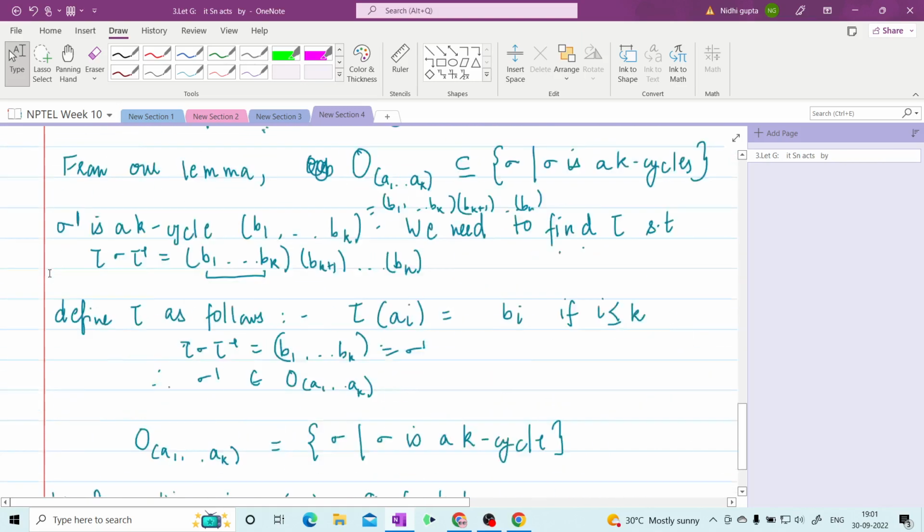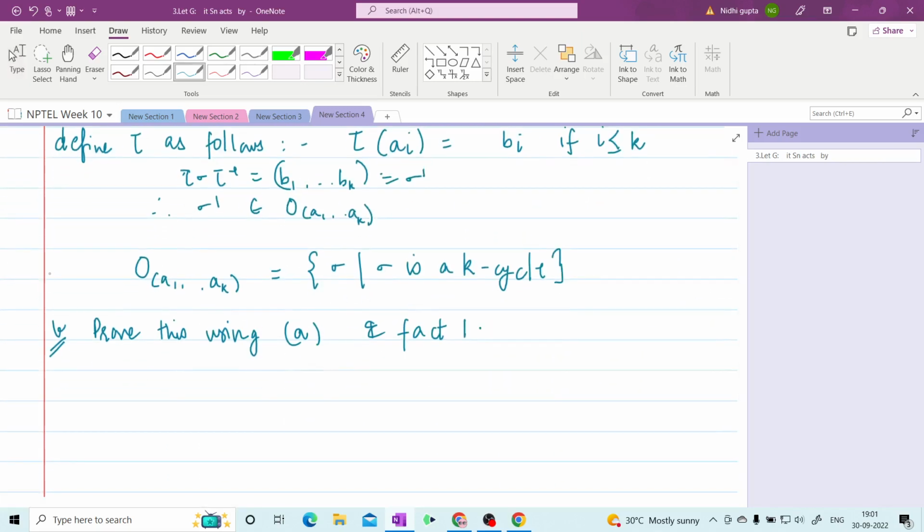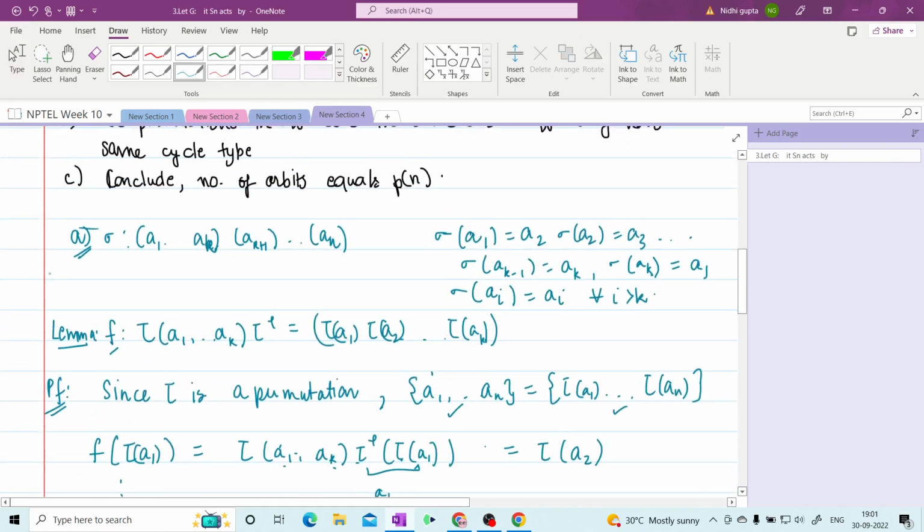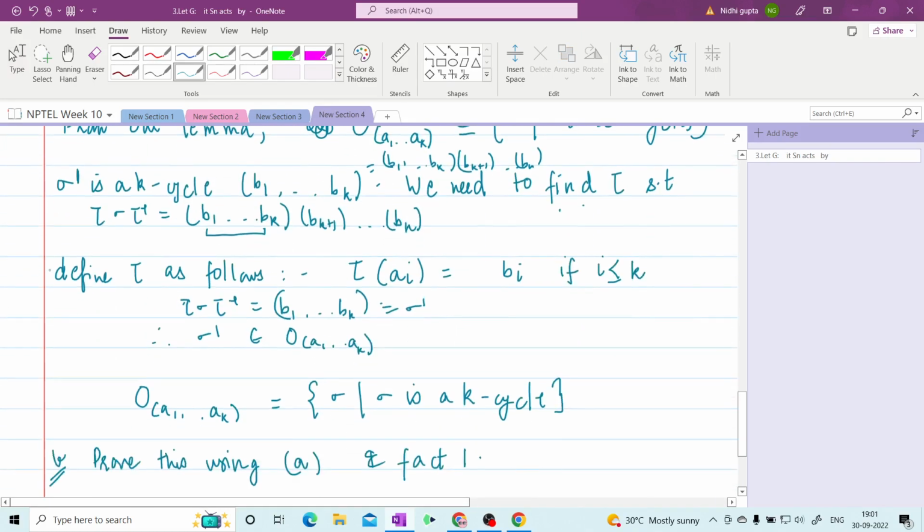And then the third thing is to conclude that the number of orbits equals Pn.